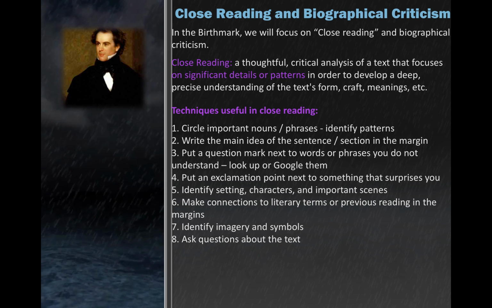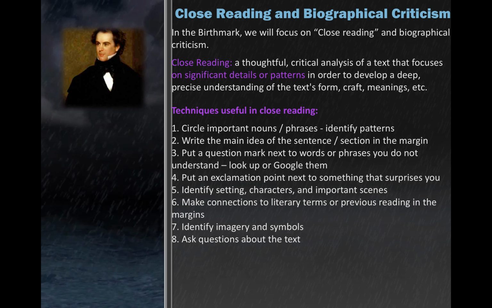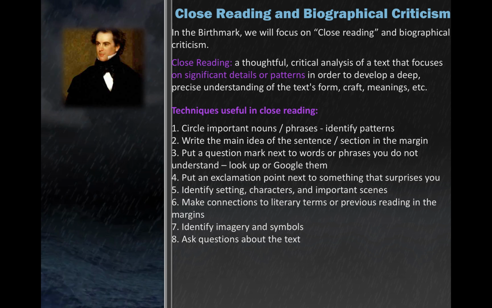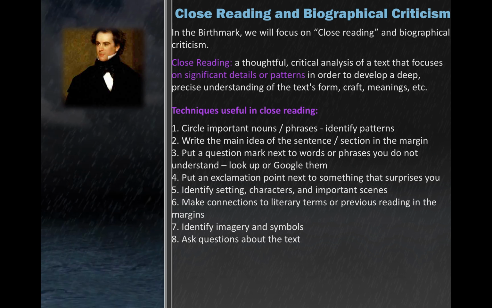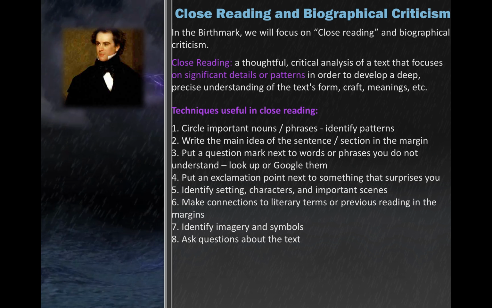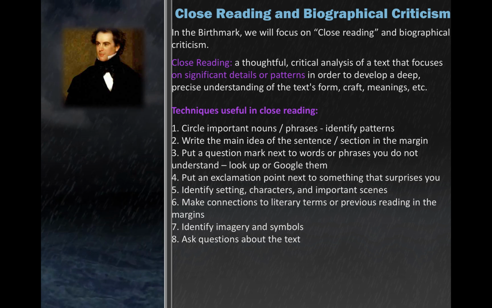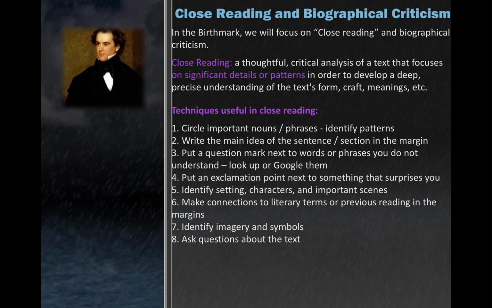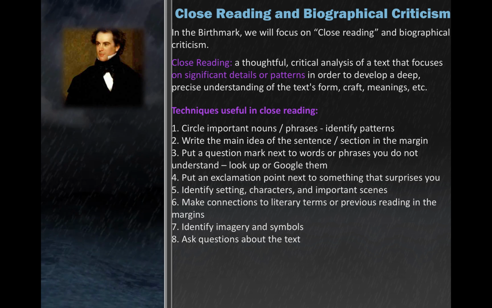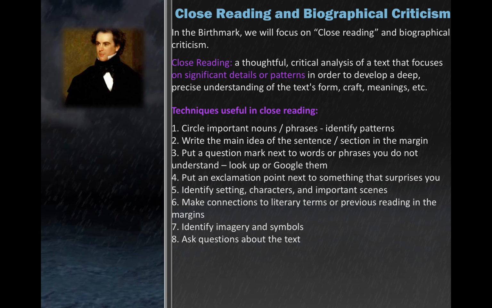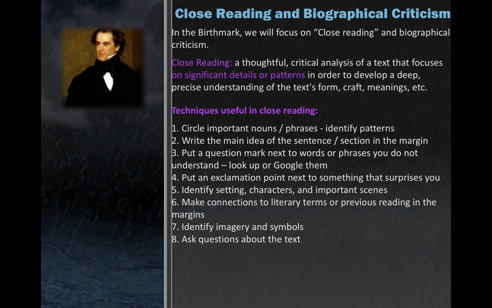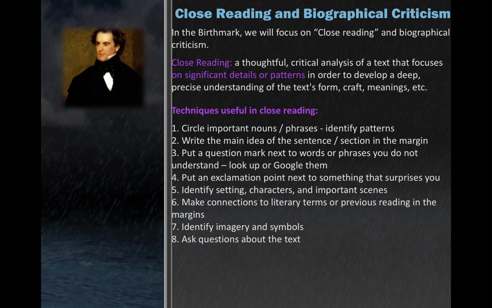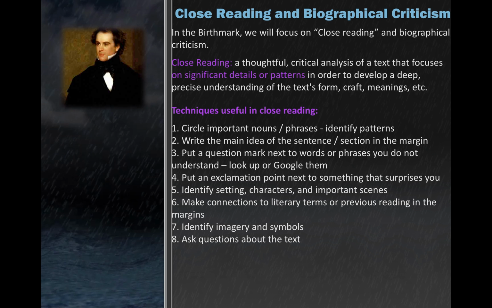Identify any imagery, something that connects to the senses, or symbols, important words that could be associated with a bigger meaning. Something like the dove associated with peace, the Nazi symbol associated with evil, and almost any object can have symbolic value.